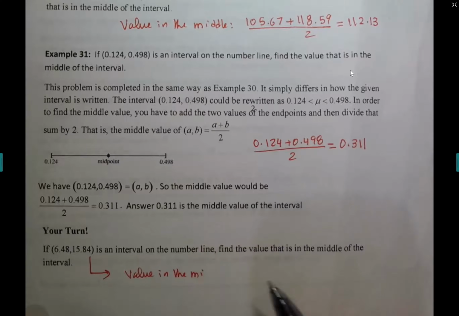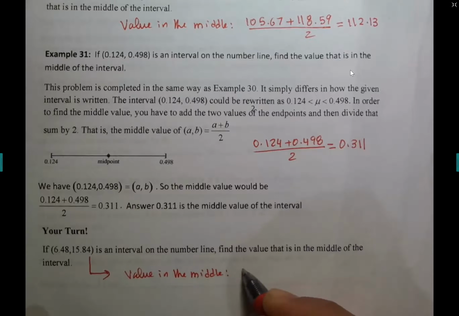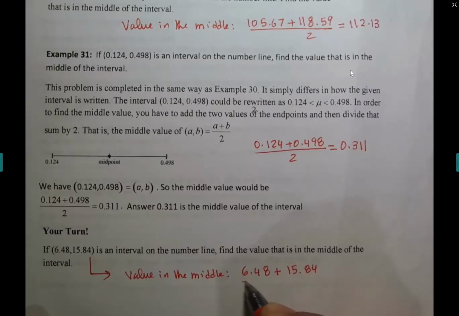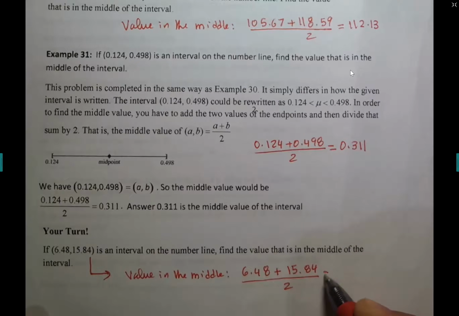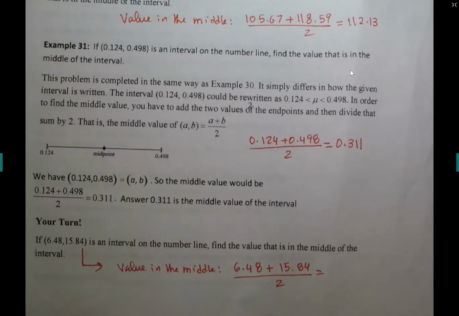I'll write it down here. So it's going to be 6.48. Just get used to doing that on the calculator. When you start your homework online, these are pretty much the very first questions that you're going to see. But you will learn what we call the middle later. So let's see, what would that be?